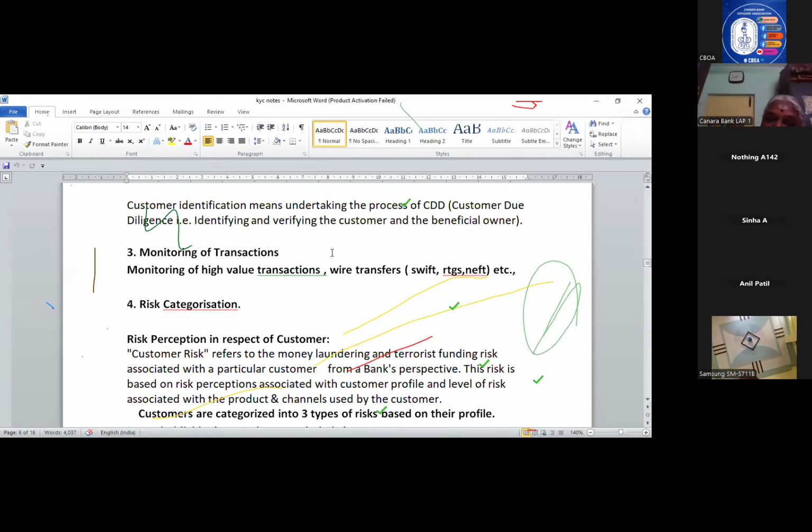Whenever a high value transaction happens, we should see whether the customer is the proper beneficiary, whether he is eligible to get it, whether it is related to his business, or any other NEFT has to be verified.